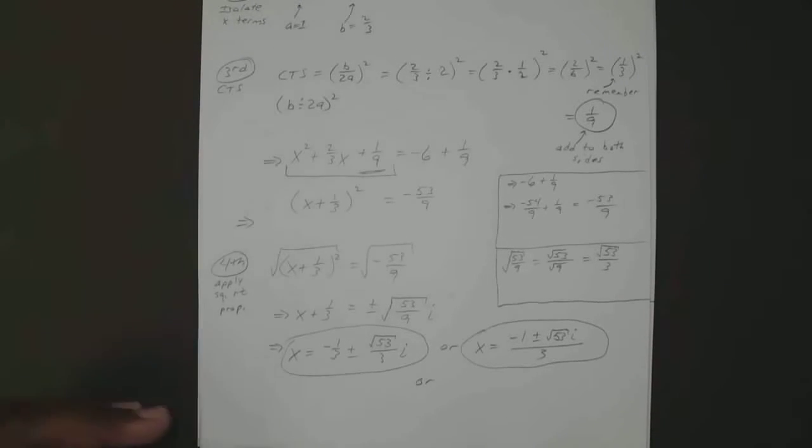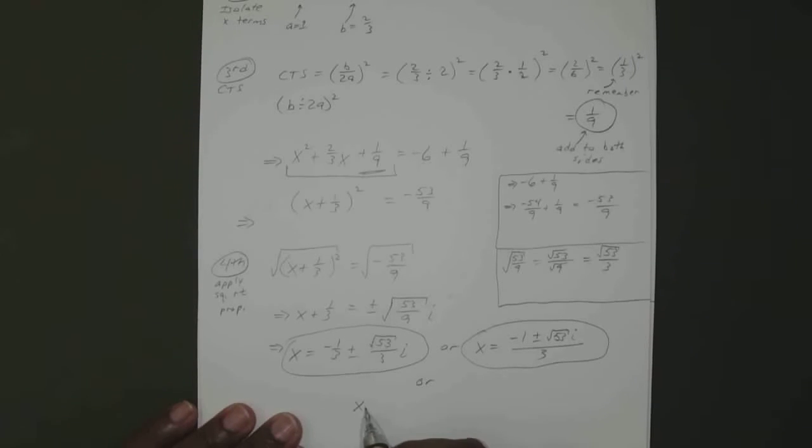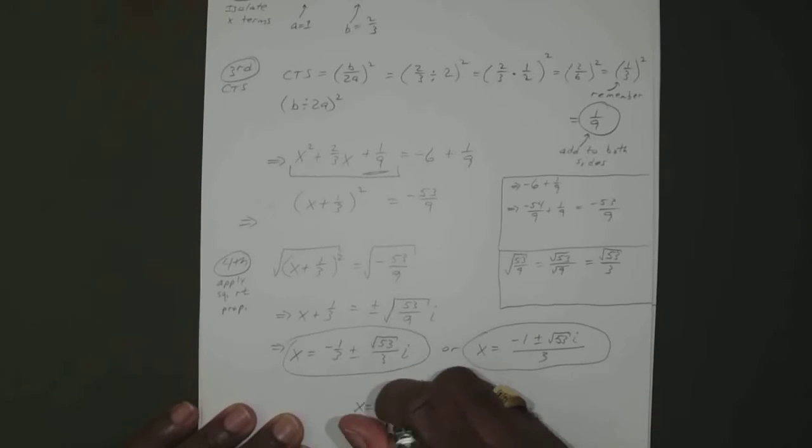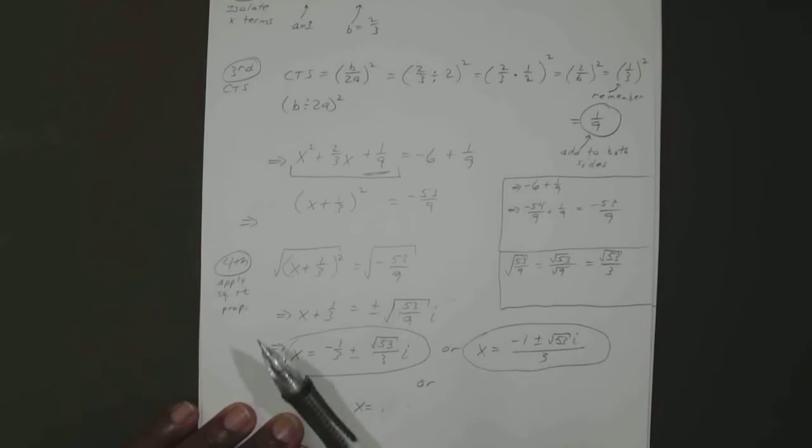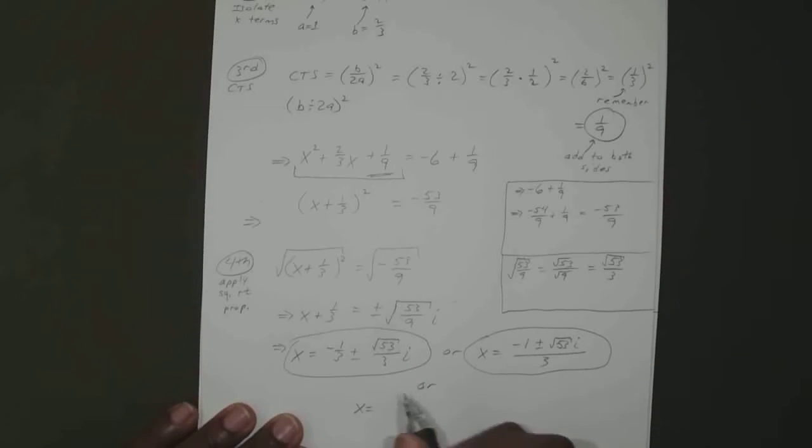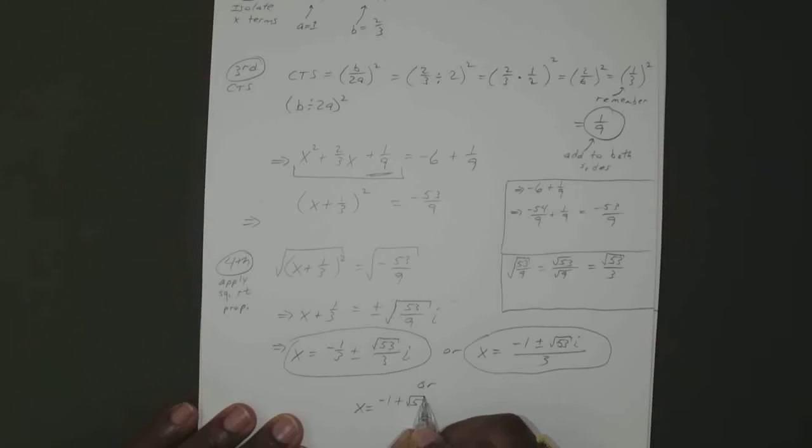Completely depends on what they ask for. So x equals negative 1 plus square root of 53i over 3, or x equals negative 1 minus square root of 53i over 3.